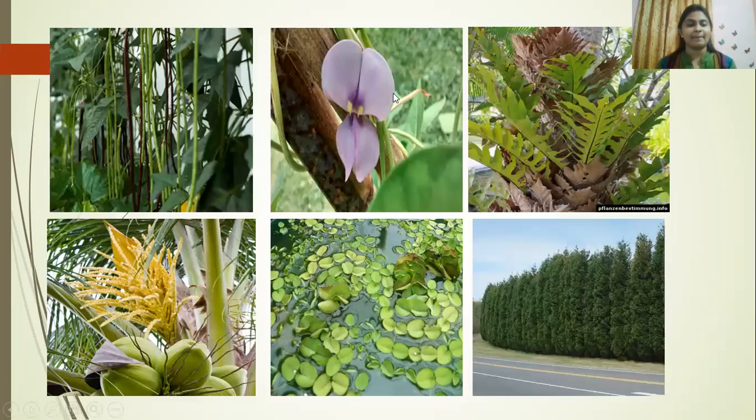Then you can see, what is this? This is very common in our gardens these days, due to the COVID vacation. Most of you did gardening, right? Hope you have planted this in your garden too. This is called long beans, right? That can be easily planted, and this is the flower of it.